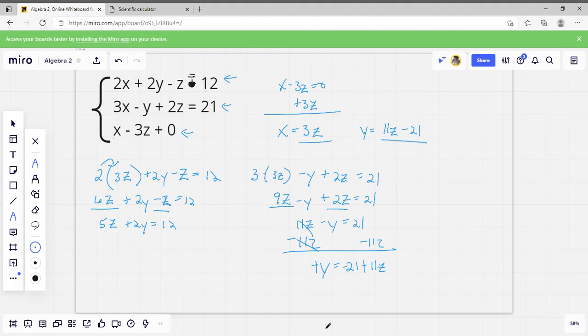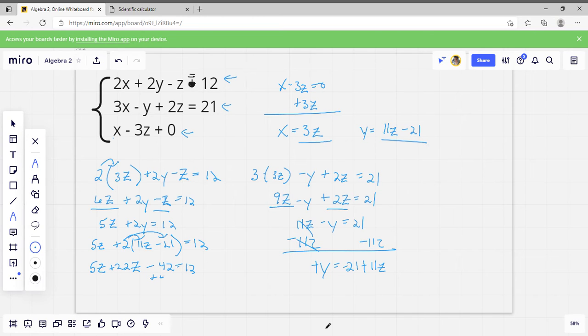Now I can plug that value in for y, right here. So we could say 5z plus 2 times y, which is 11z minus 21, equals 12. Now we're going to distribute right here: 10z plus 22z minus 2 times 21, which would be 42, equals 12.